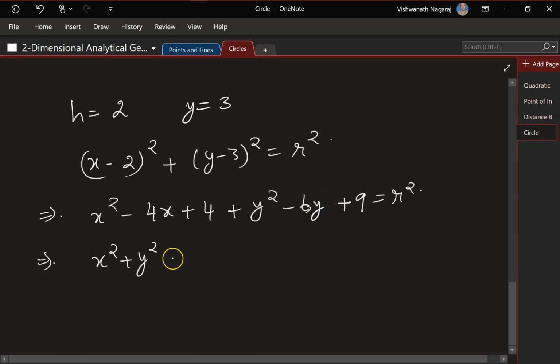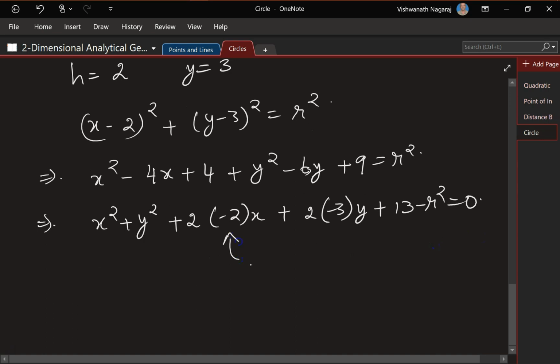Now this can be written as plus 2 times minus 2x plus 2 times minus 3y plus 13 minus R square equal to 0.